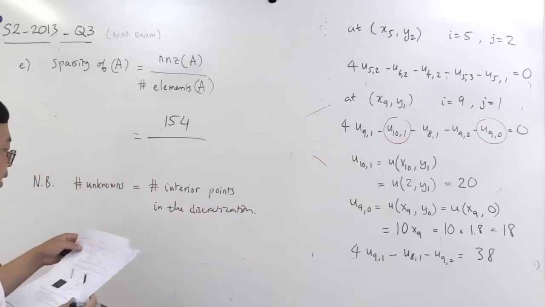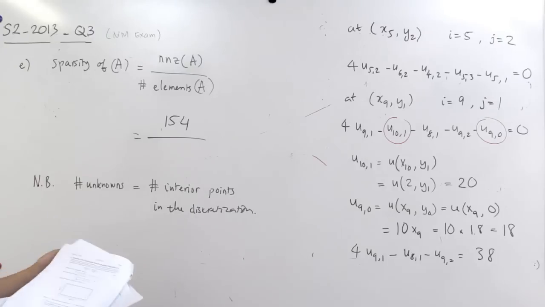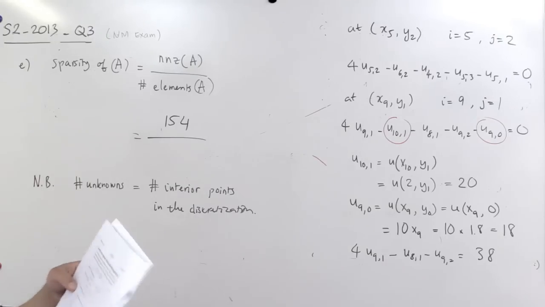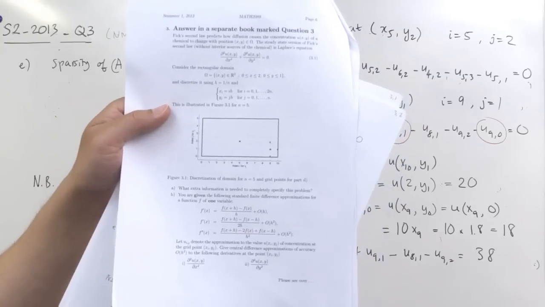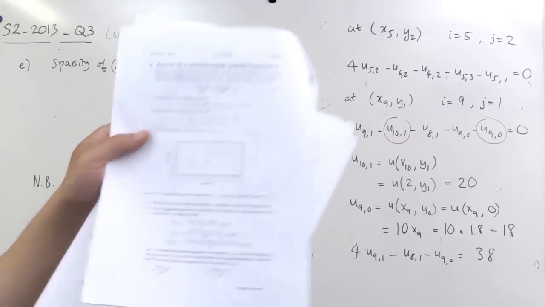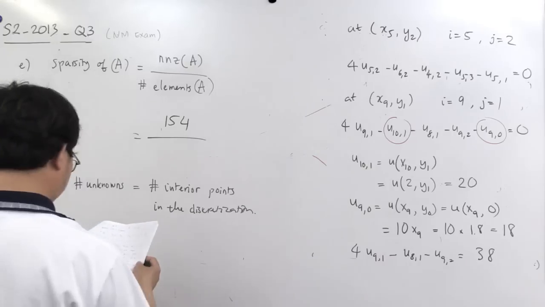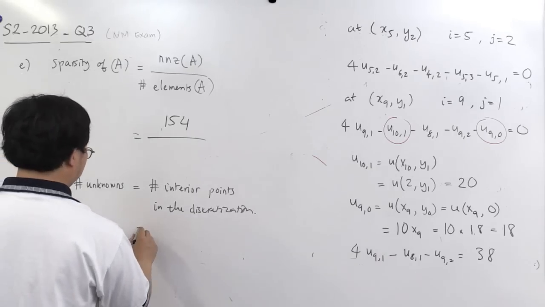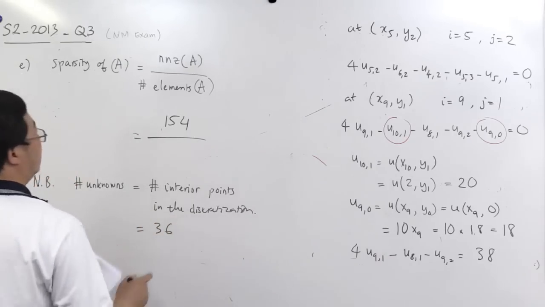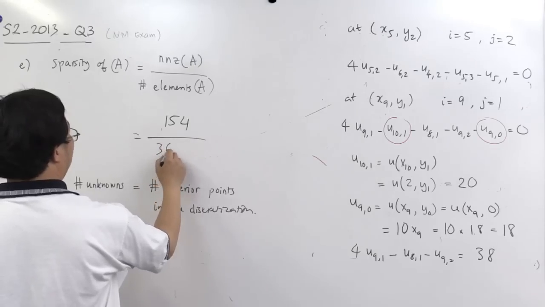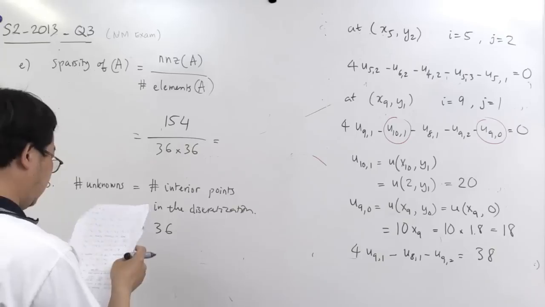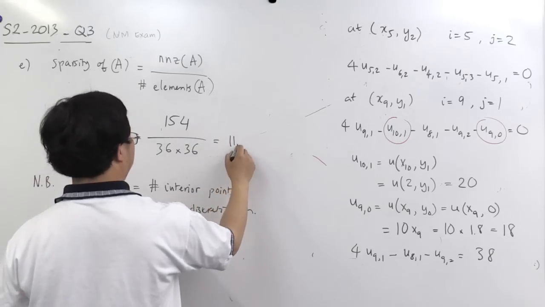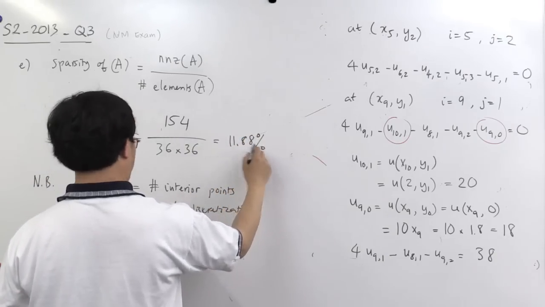You can count the interior points in the pictures given in the exam paper, and there are just 36 interior points. So the total is 36 times 36, which gives you a sparsity of 11.88%.